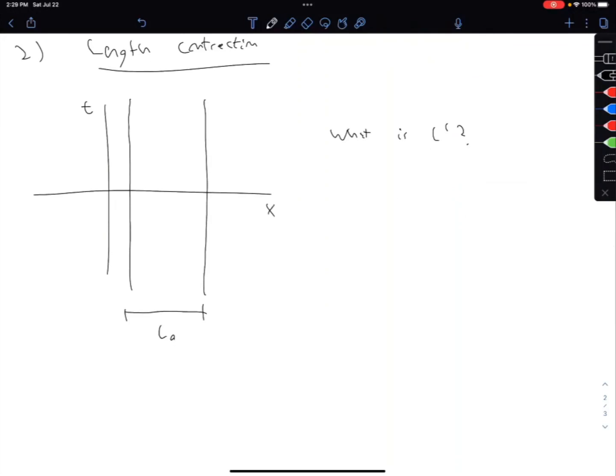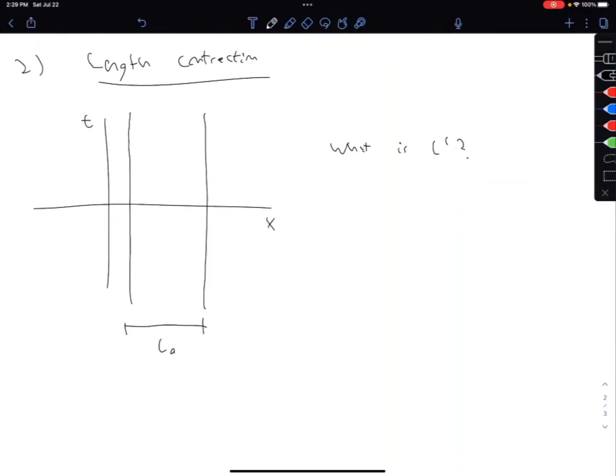Okay, and again, you just apply the Lorentz transformation. So they are going to measure the ends of the stick, so their events are going to be located somewhere along these lines, right?